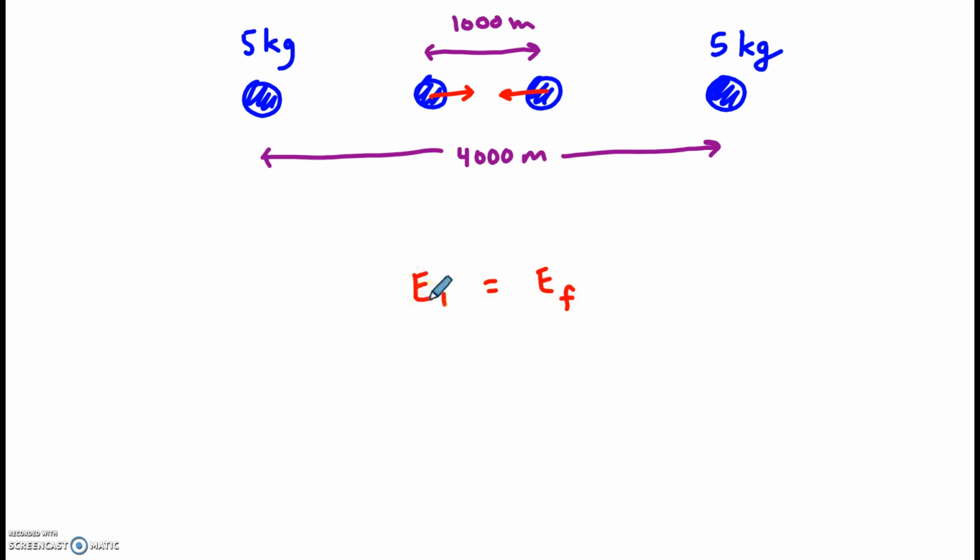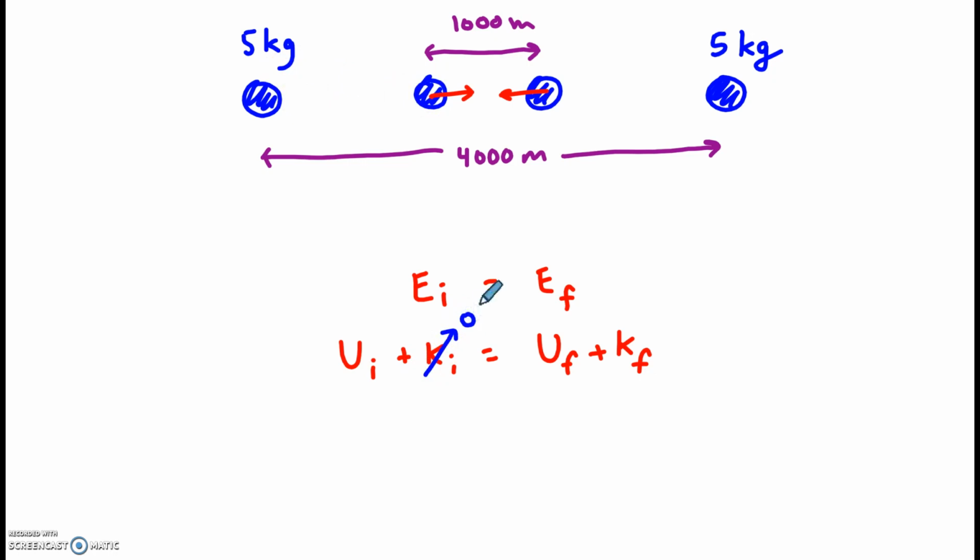Energy has different forms. It can include gravitational potential energy and kinetic. That's true at the beginning, and it's true at the end. But if the objects start from rest, there is no initial kinetic energy.